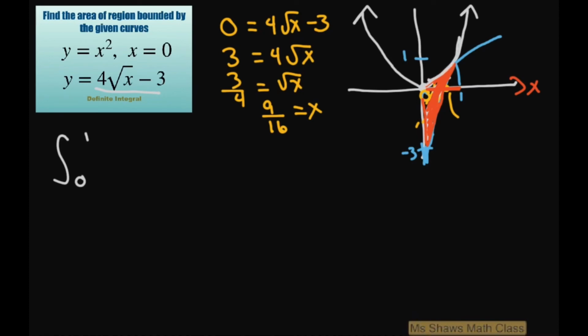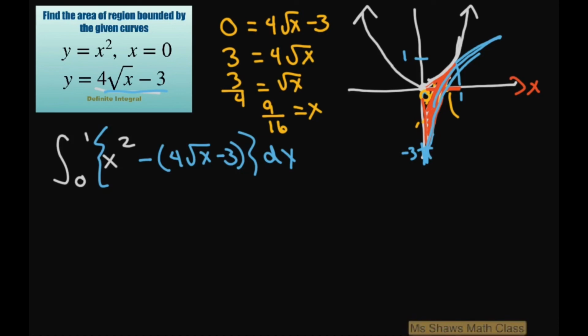So that's what you put first, x squared. Now from the bottom, it's bounded by your blue line here, which is your 4 square root of x minus 3. So you're going to subtract that, 4 square root of x minus 3. And then you put dx.